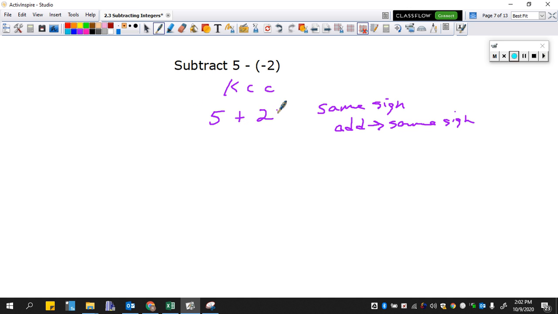And these are both positive. So 5 plus 2 is 7. It's a positive 7. But like I said previously, you don't put the little plus in front of it. We just write it as 7. The other thing to notice here is that it's a double negative, so that becomes a positive, just like that too.